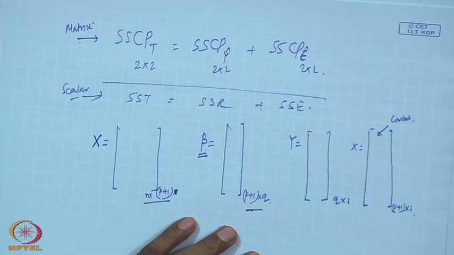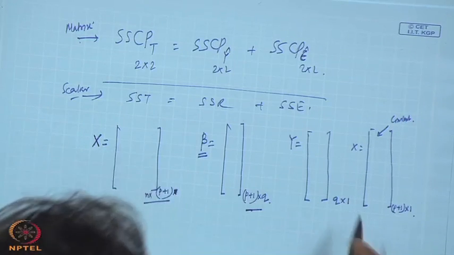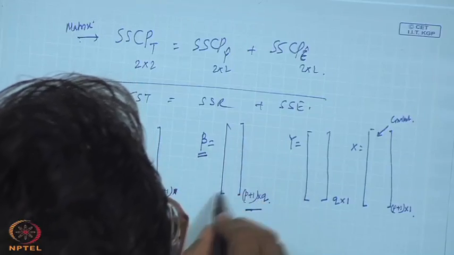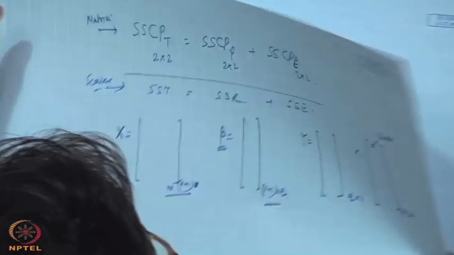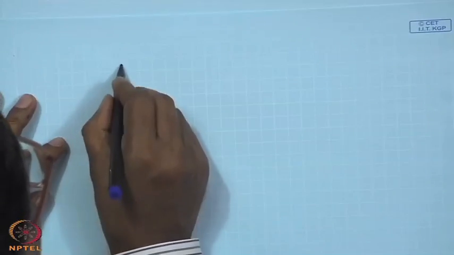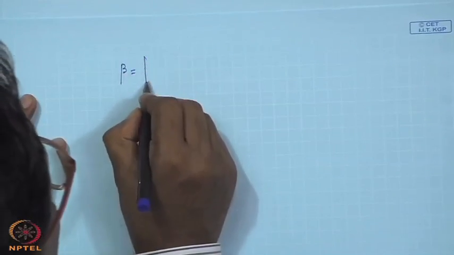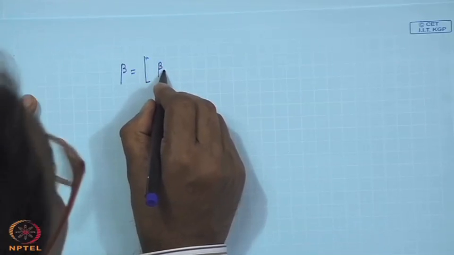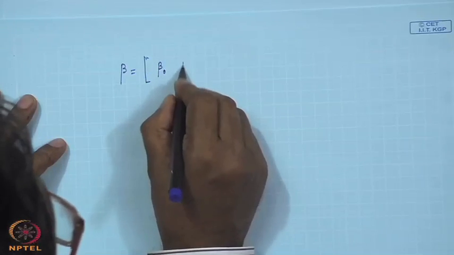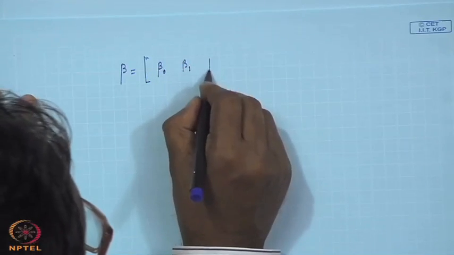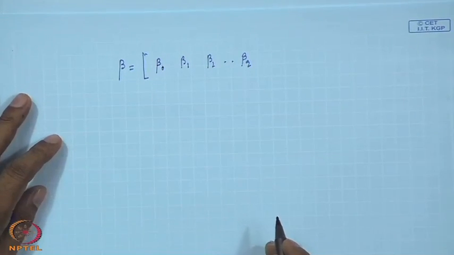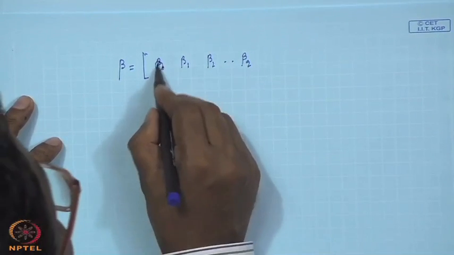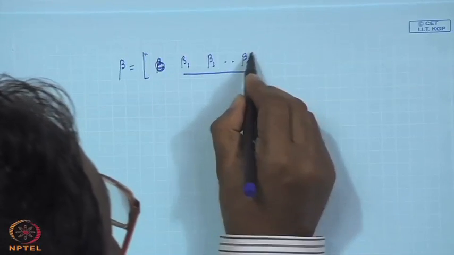Okay. Now, if I write down here for the y variable, the q variables case, the beta part I can write like this: beta 0, beta 1, beta 2, we will write like this, beta 1 to beta q.